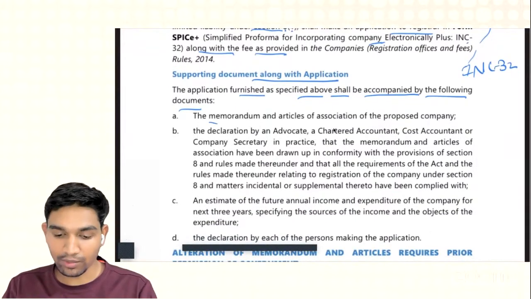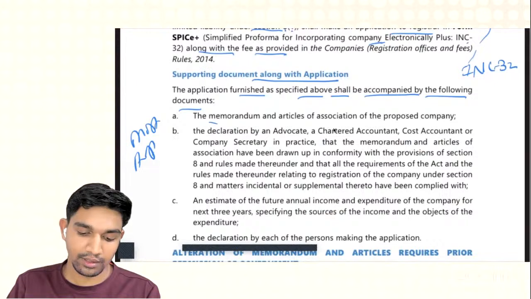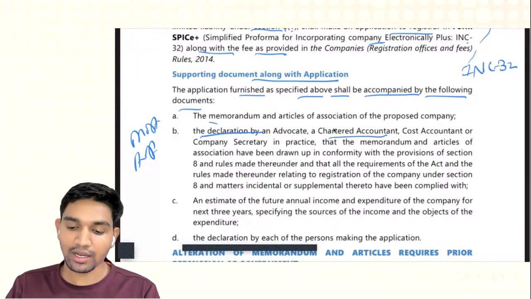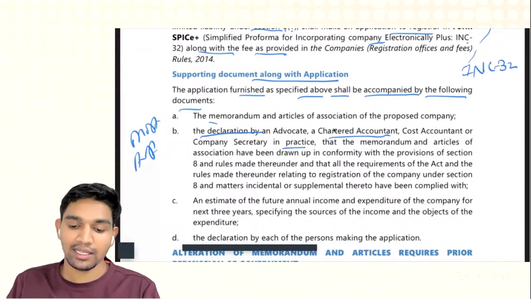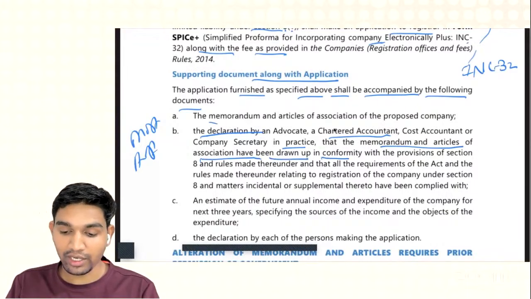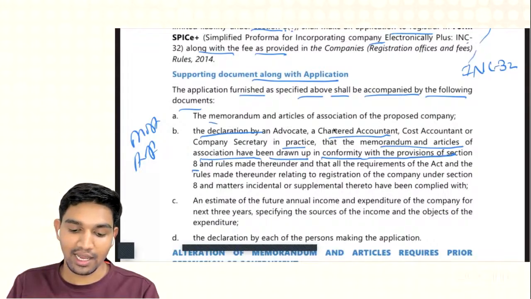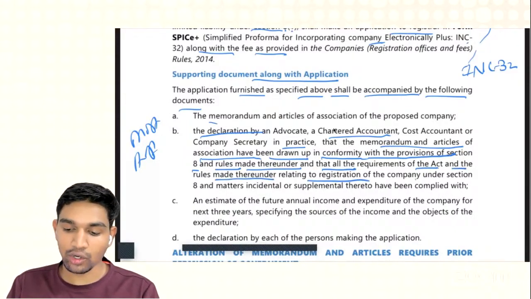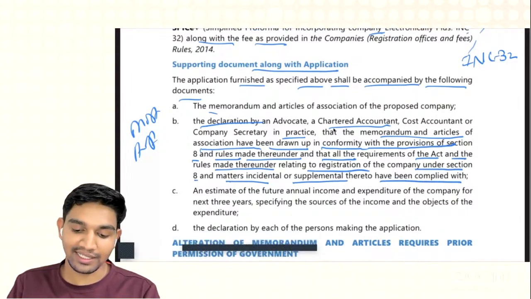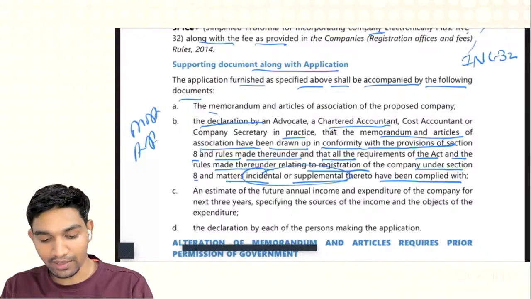First, the memorandum and articles of association, along with a declaration by an advocate, chartered accountant, cost accountant, or company secretary in practice that the memorandum and articles of association have been drawn up in conformity with the provisions of Section 8 and rules made thereunder, and that all the requirements of the Act and the rules made thereunder relating to the registration of a company under Section 8 and matters incidental or supplemental thereto have been complied with.